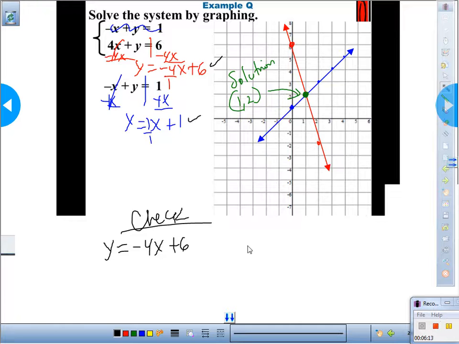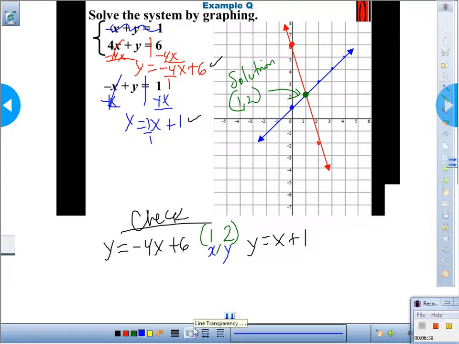I'm going to write the second one, which is y equals x plus 1. Now, what are we going to check? Well, the point that we got. What was the point that we got? (1, 2). I'm going to put this here. Now, what do we know about that point? That there are two values, a value for x and a value for y. So what is x? 1. And what is y?